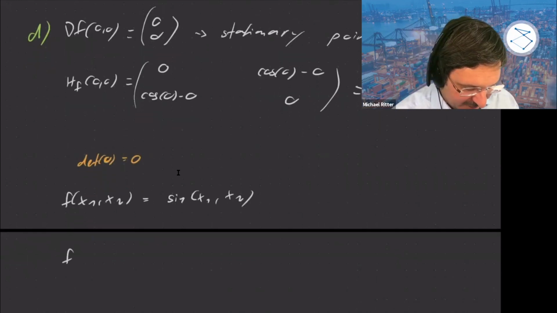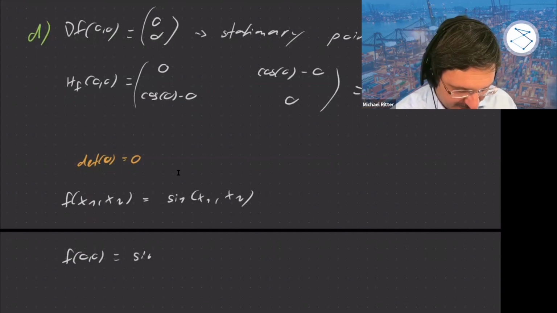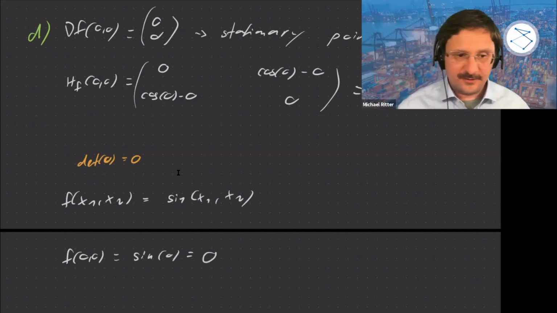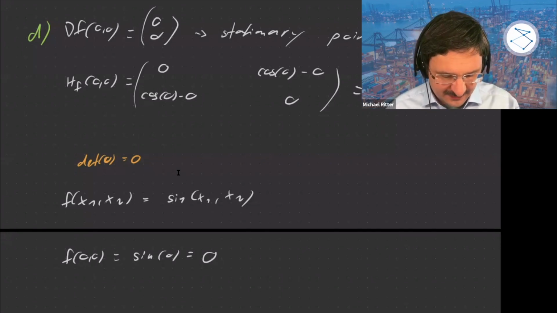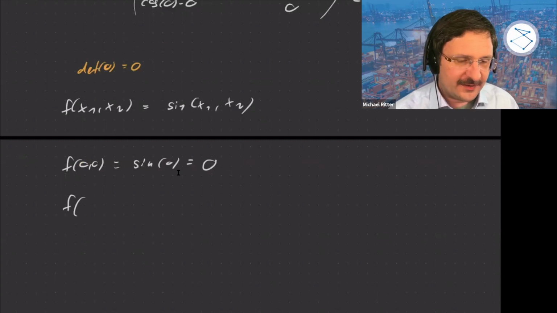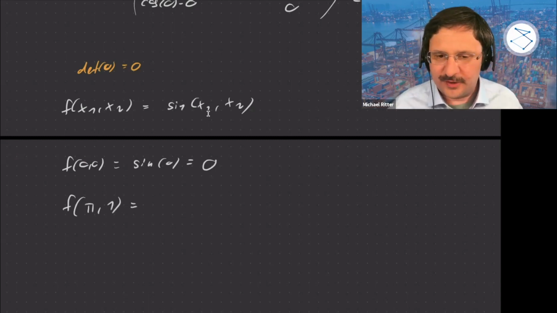Now at the point 0, we established that already. We have sine of 0, and that is 0. So our current function value is 0. On the other hand, if we compute the function value at the point that we started at, pi and 1, let's compare x1 to the actual starting point.